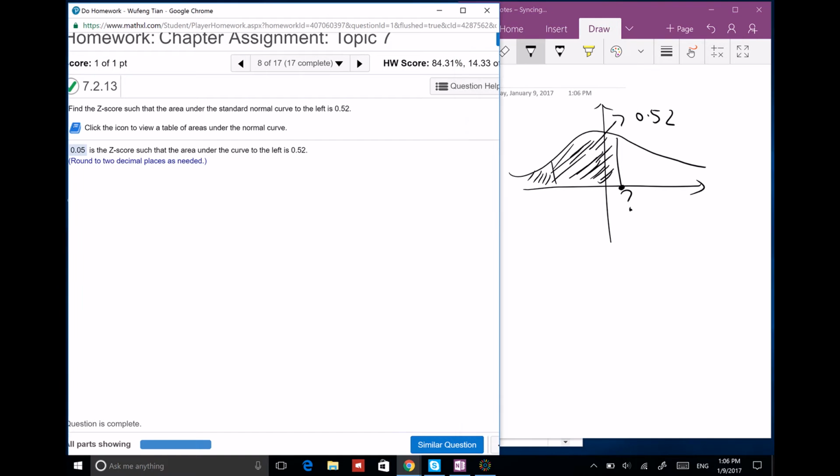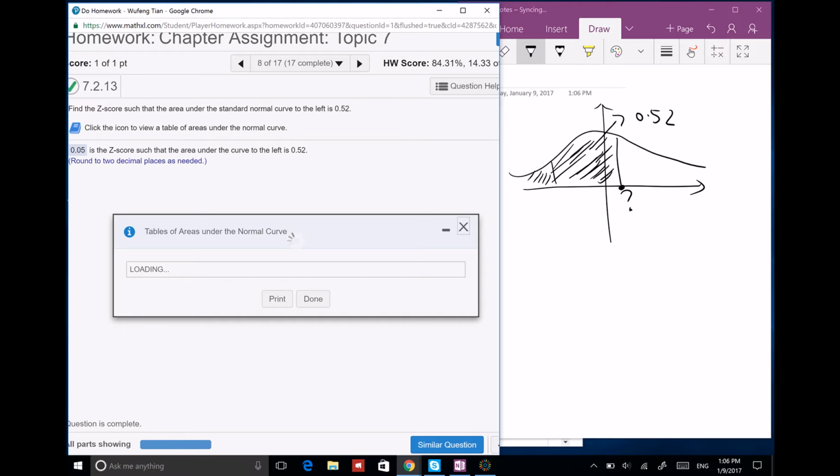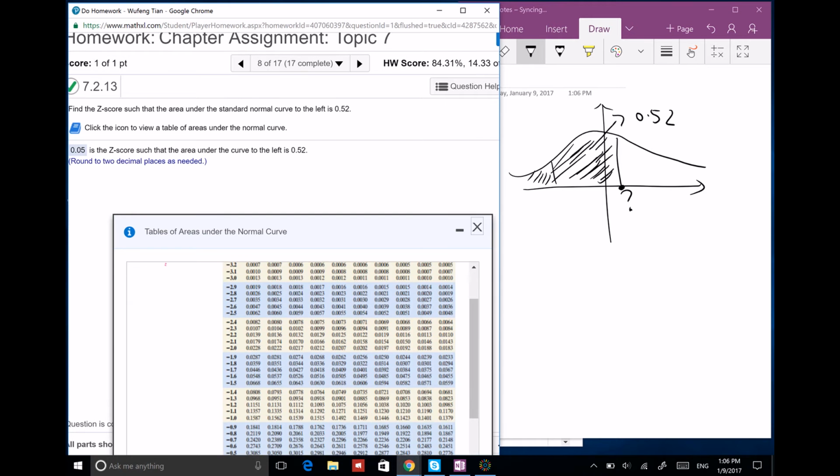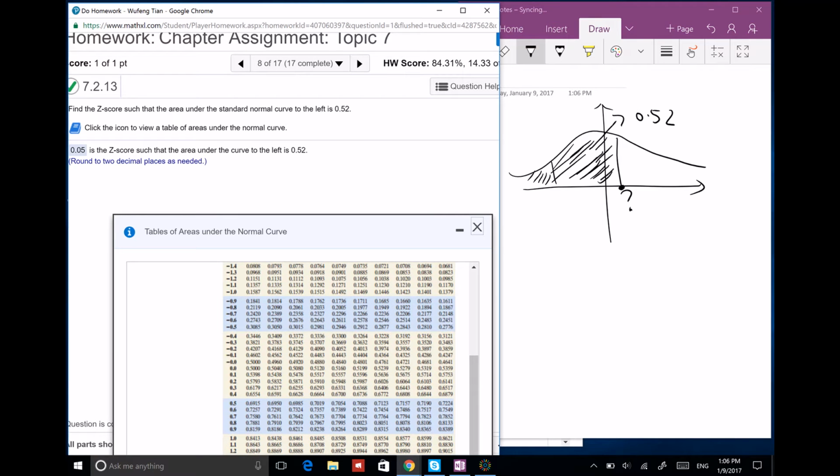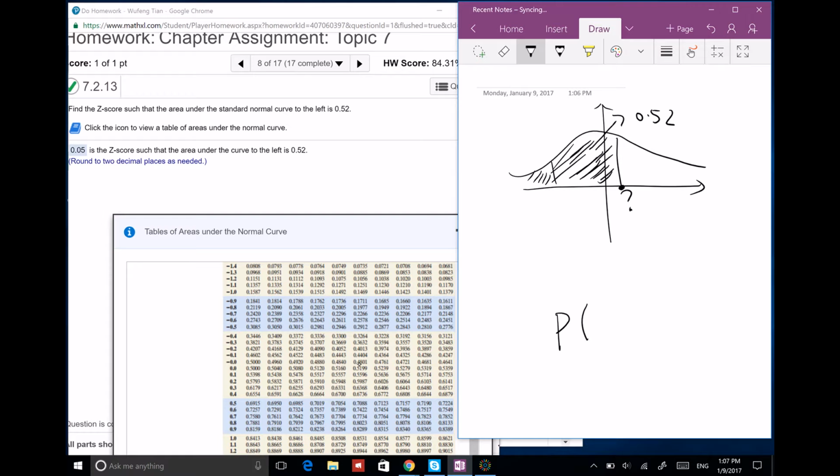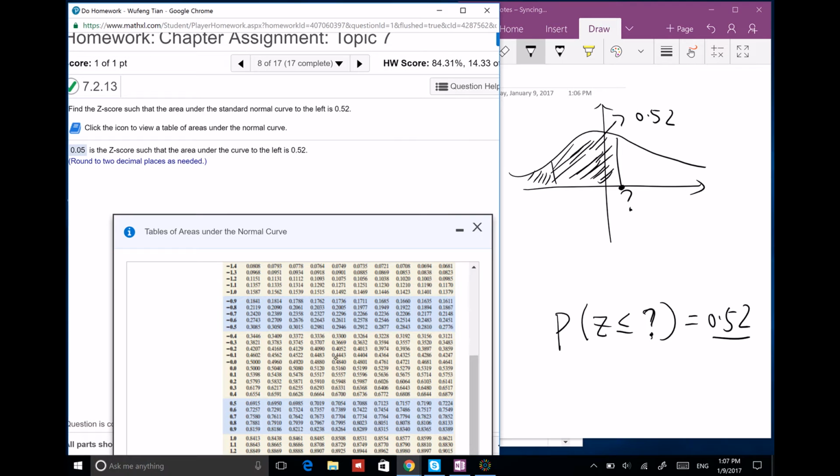So let's find the area 52. 50, 51, 52. 52 is here. I'm looking for the number equal to 0.52. The area is 0.52, and the z-score is the question mark. 52 is here.